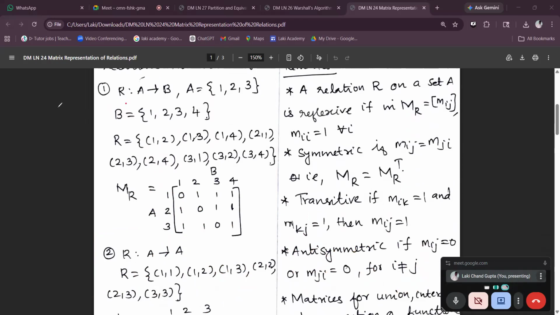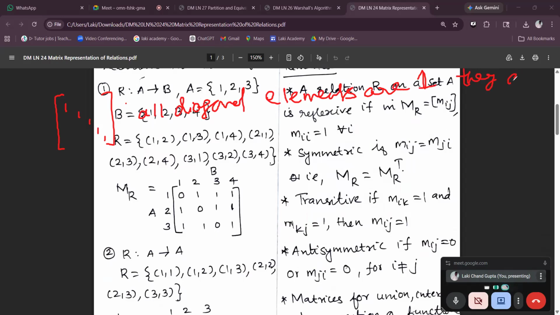Now see, whenever in diagonals all ones are there, right? All diagonal elements are 1. They are reflexive. Understood? So whatever question is there, if all diagonal elements are 1, then you can say that is reflexive relation.